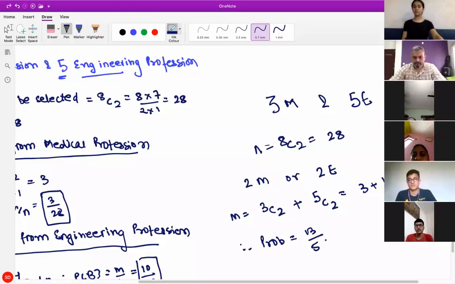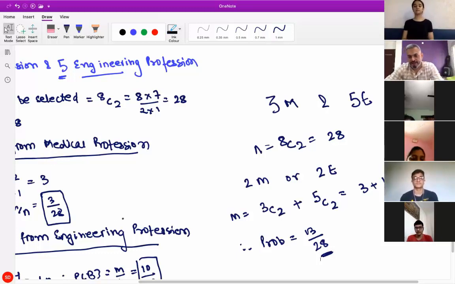Sorry, 13 by 28. We can do it like this too, but then it is possible that you may not get full marks. So better you go for our method only. This method we have used when we did combination last year. If you wanted to find the number of ways 2 people can be selected from the same profession, out of 3 from medical and 5 from engineering, better you follow law of addition.